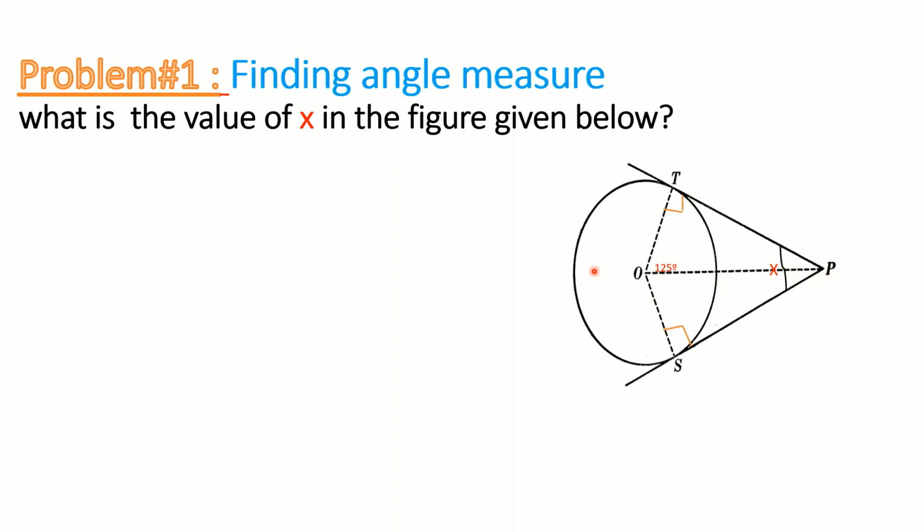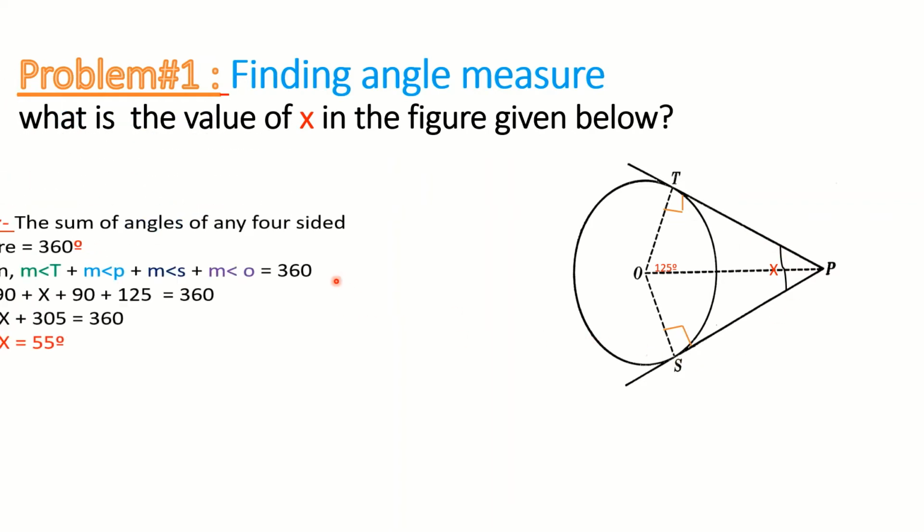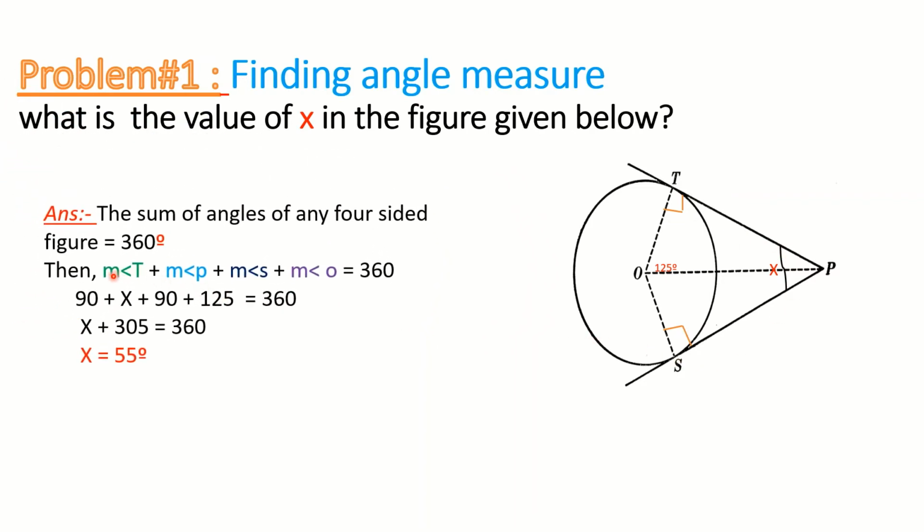So we know the fact that the sum of the angles of any four-sided figure is 360. Then angle T plus angle P plus angle S plus angle O will give you 360.